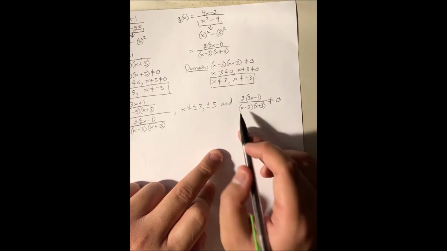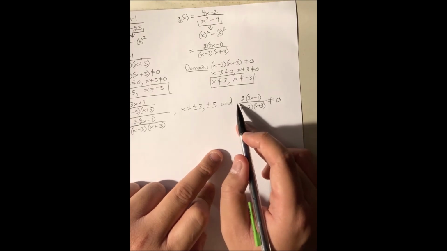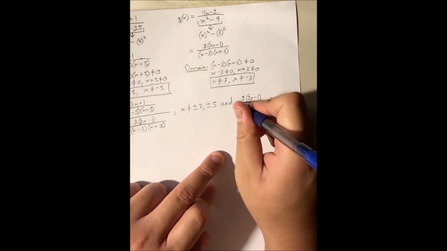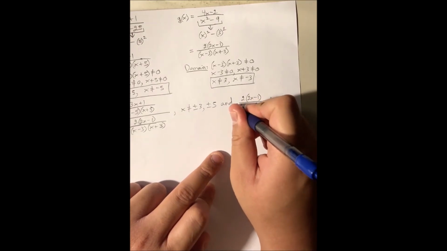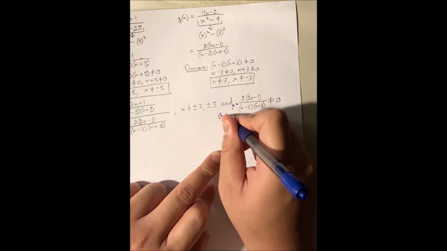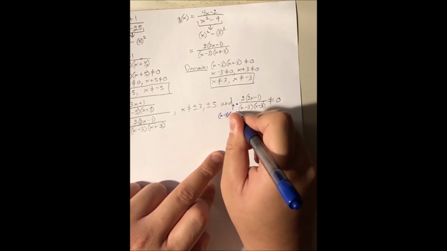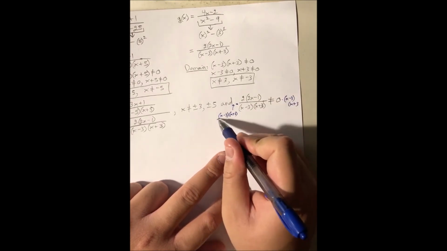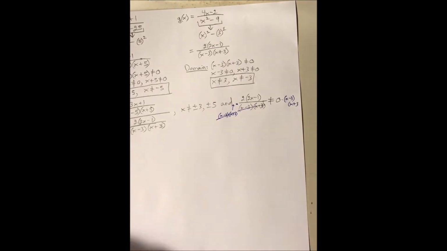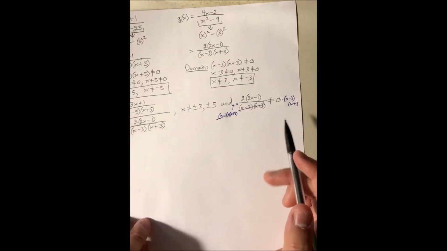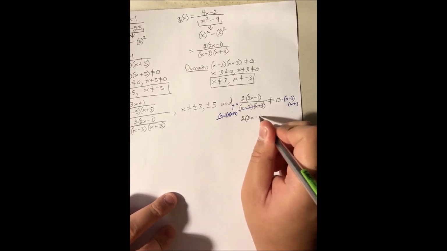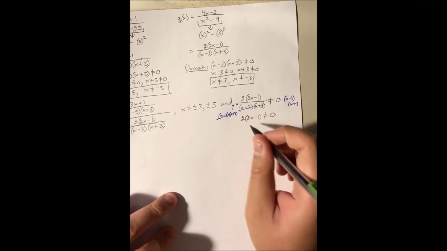Multiplying both sides by x minus 3 times x plus 3. Hopefully I got room to squeeze it in somewhere right here. x minus 3, x plus 3, and over here as well. Well, we know that this will cancel this out, and 0 multiplied by anything on the right is going to be 0. So we're left with just 2 times 2x minus 1 not equal to 0.